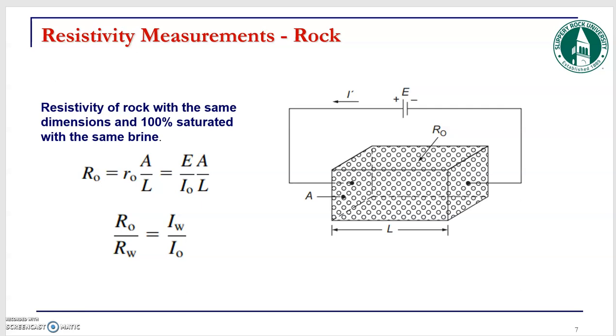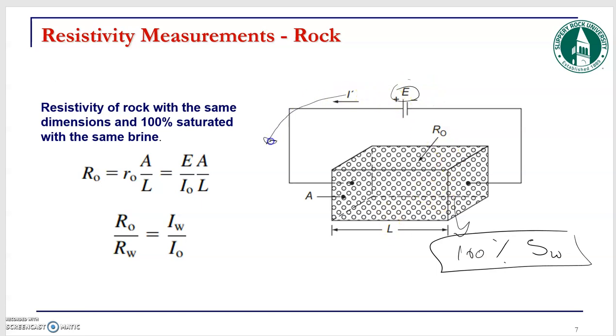So the rock is 100% saturated with water, and you pass the same electrical voltage through this rock. Then you have another electrical current measured. So if you use that, we can calculate the resistivity of this rock 100% saturated with water, and the way we show it is with capital Ro.